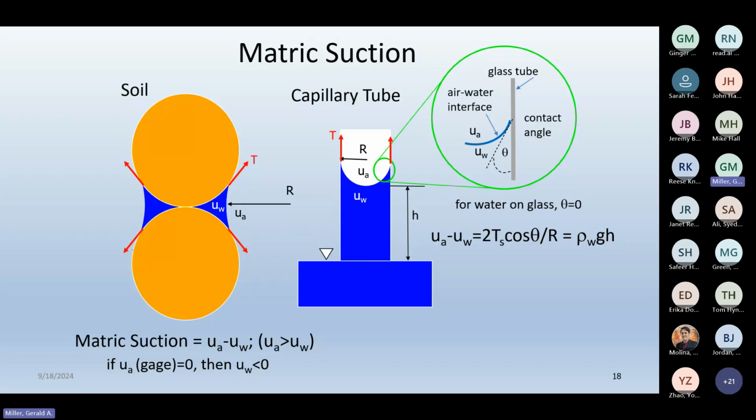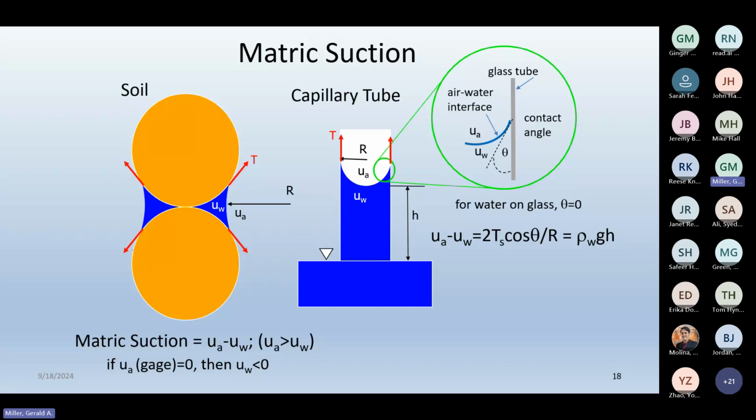So with a smaller tube, the rise will be higher, the negative pressure will be higher. What that means in terms of soil mechanics is the smaller the pore sizes, the higher the negative water pressure you can generate. So capillary pressures in clays can be very high, whereas in sands, they tend to be much lower because the pores are much larger.